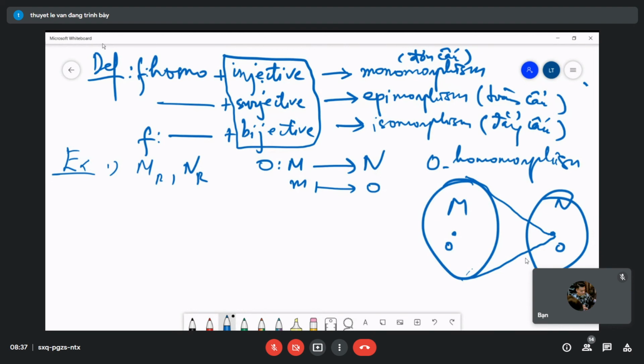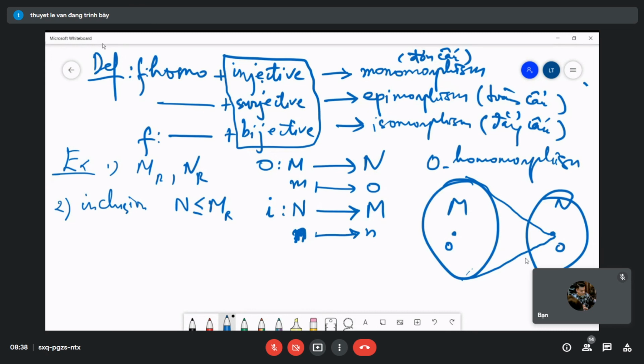The second is the inclusion, and you can check the condition of homomorphism. Inclusion means that you take N to be a submodule of M, and then you have the inclusion from N to M. And on N here, you take N. Okay, so that is inclusion.